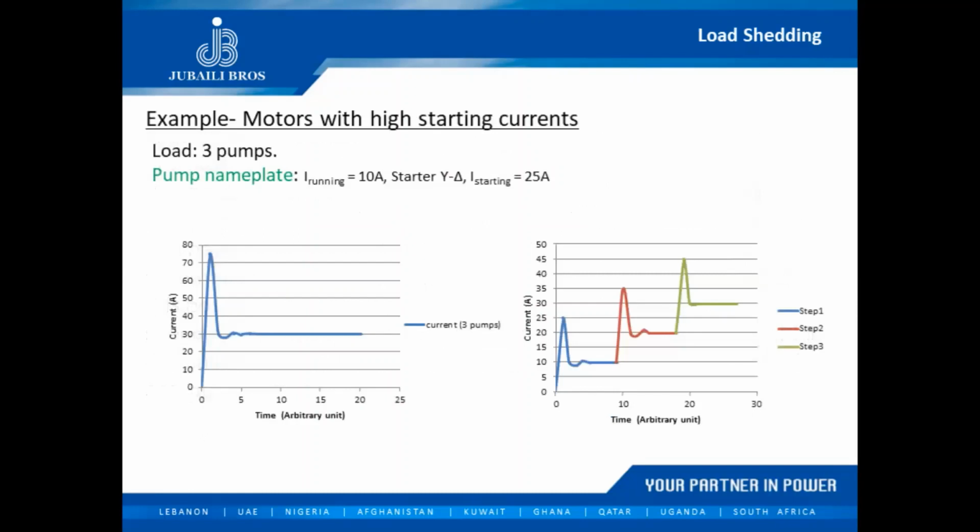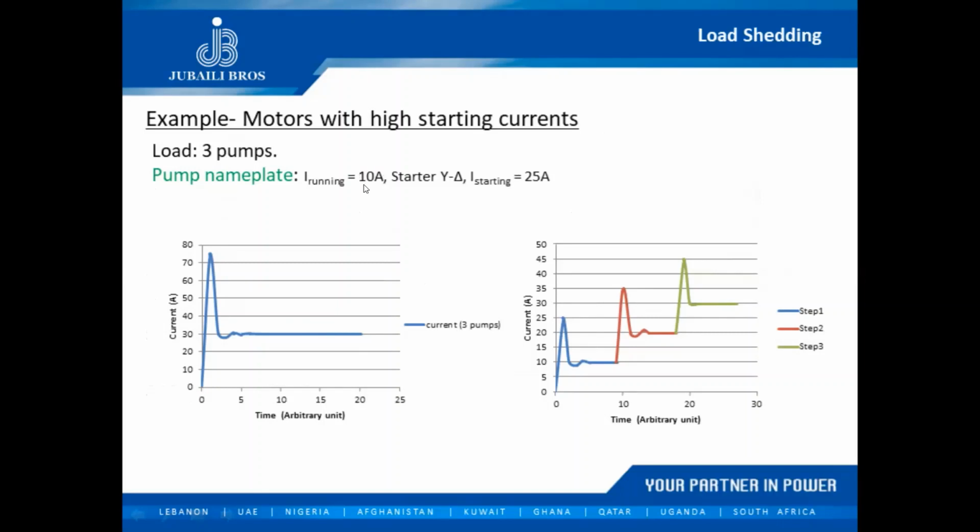Following here, I have a very nice example. Okay, so let's consider that our load is comprised of 3 pumps, 3 identical pumps. Okay, and for the sake of brevity and ease of explanation, let's say that the current rating of one pump is 10 amps. So this is when my pump is running.